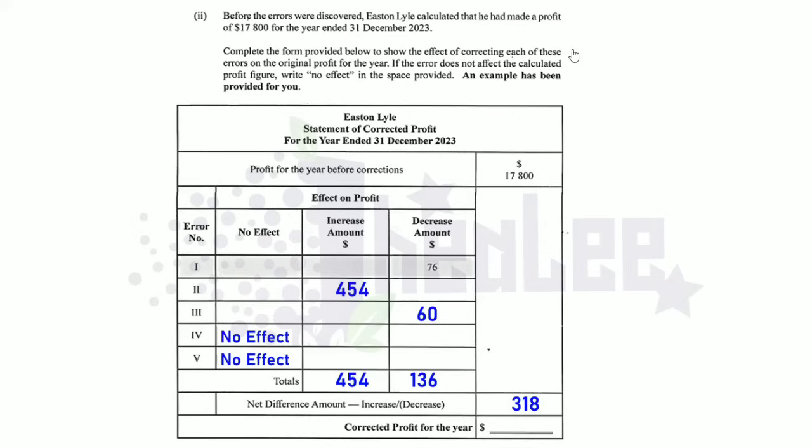Now, based on the form, again, we were presented with the profit that was generated before, and this profit is 17,800, which the examiners entered for you in the form. This 17,800 will increase by the net increase of $318. And that now gives us a corrected profit of $18,118. So that takes us to the end of this section where we would have calculated the corrected profit.